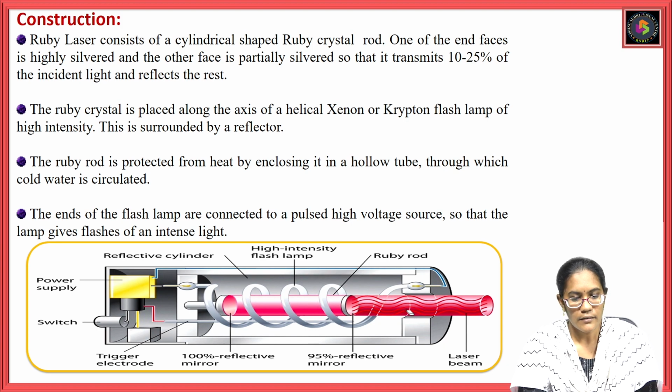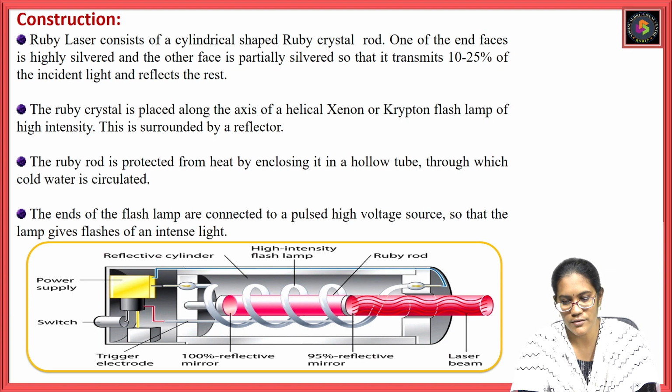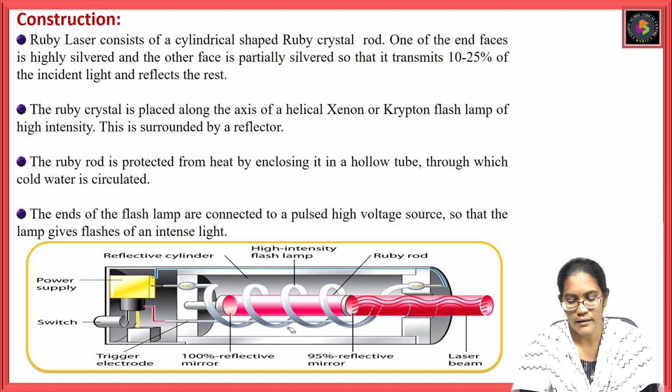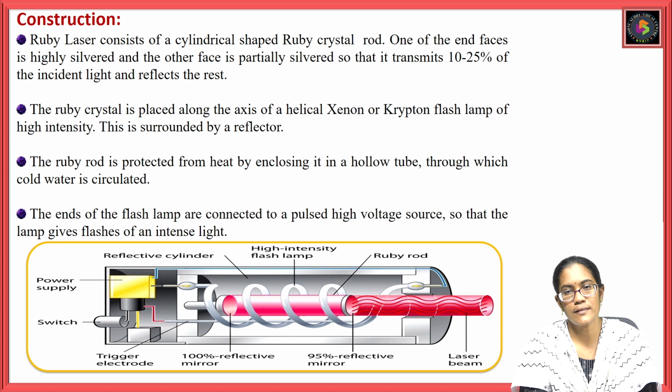The Ruby crystal is placed along the axis of a helical xenon flash lamp of high intensity, surrounded by a reflector. During this process in the Ruby laser, a lot of heat is generated. In order to remove the excess heat, we use coolants.